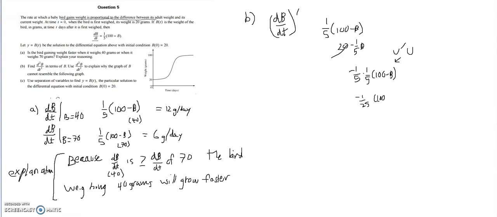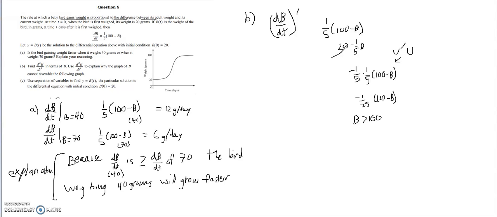times (100 minus B). So to understand how to use this second derivative to prove that this graph can't work, we use it to find where it is concave up and concave down. So in this equation, you would find out that anything over 100, it will always be concave up when it's B. So in this graph, it should never be concave up.